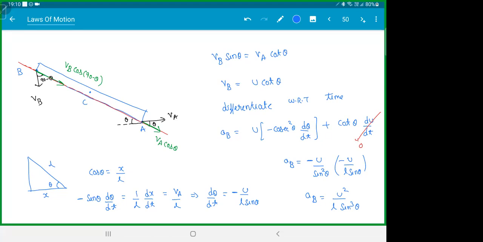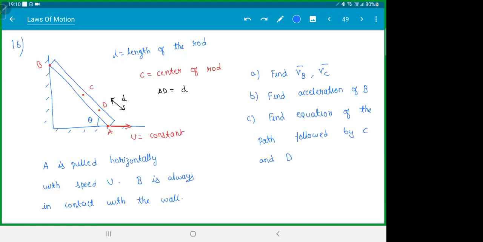Clear, na? All clear with this page, right? Perfect.